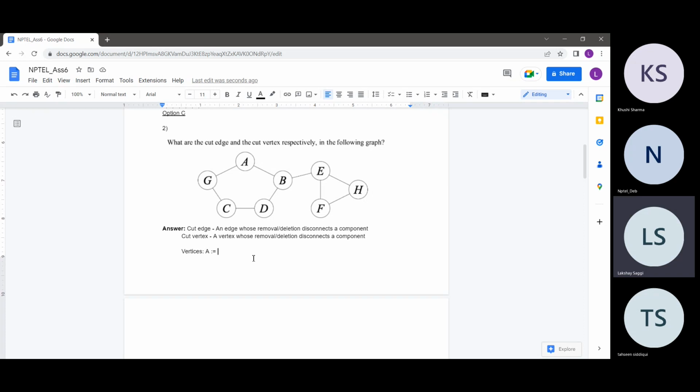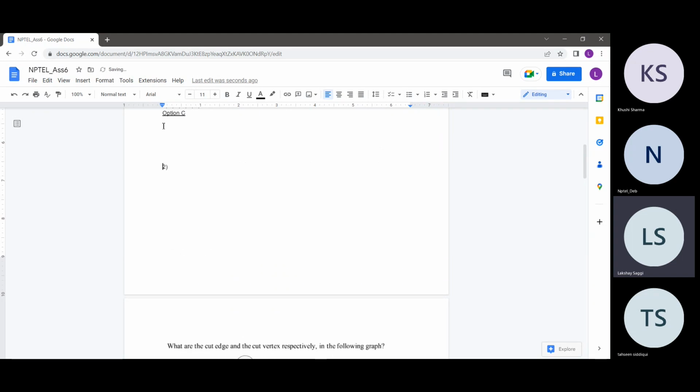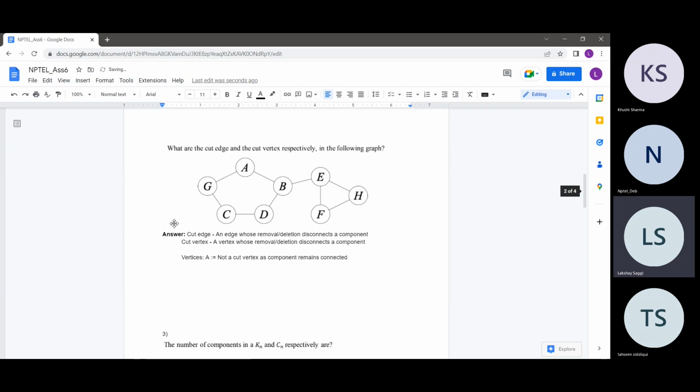So A is not a cut vertex, as the component remains connected. Maybe I'll put this question on the next page, so we don't have to go over the figures.